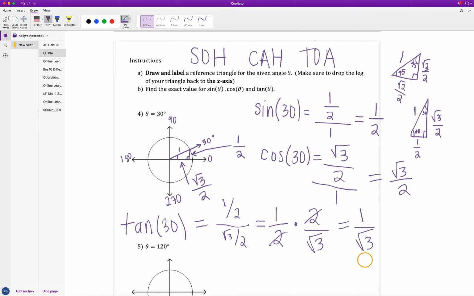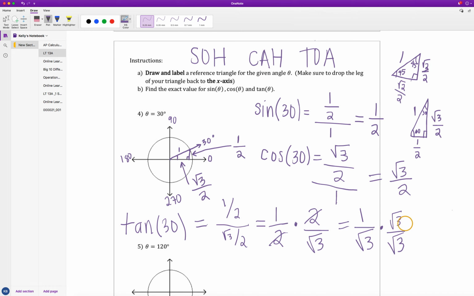But because we want this to look nice, I want to rationalize it so I don't have a radical in the denominator. And the way we rationalize is to multiply by the square root of 3 over the square root of 3. Now the reason I'm multiplying by root 3 over itself is because technically this is equal to the number 1. So if I can multiply by a fancy version of the number 1 here, I'm not actually changing this expression. If I were to multiply by any other number besides something that's equivalent to the number 1, I would actually be changing my answer there, and that would no longer be valid.